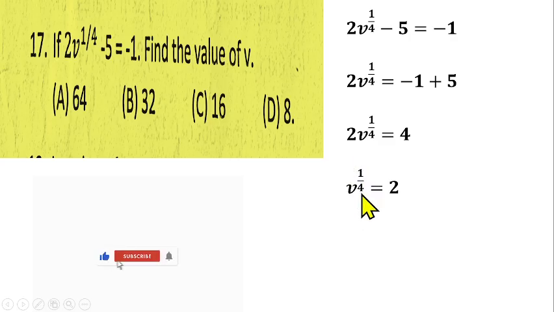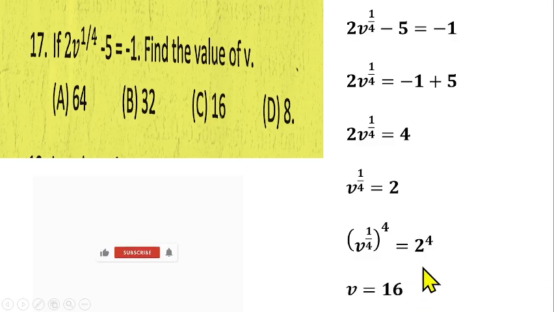To get rid of it, we take the 4th power of both sides, so I multiply the power by 4. Here I have v raised to the power 1 over 4, then raised to the power 4 again. Then what I do to the left-hand side, I do to the right-hand side: 2 raised to the power 4. So 4 takes care of 4, you have v raised to the power 1, which is v. So v equals 2 raised to the power 4, which is 16, which is option C.